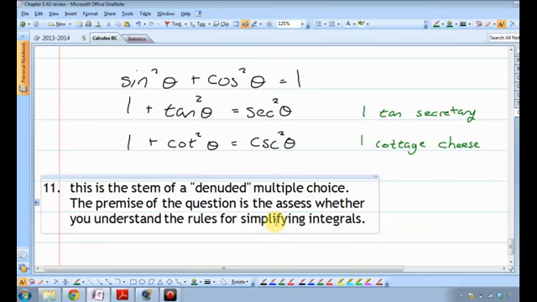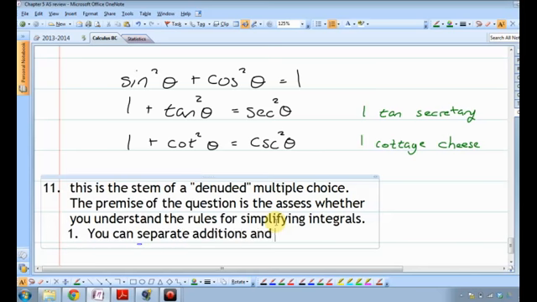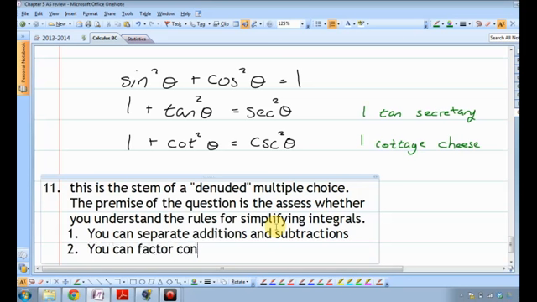So, a couple things. Number one, you can separate addition and subtractions. What do you mean by separate? Number two, you can factor constants.